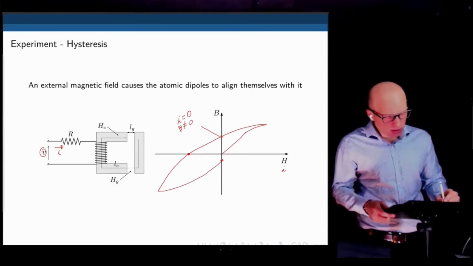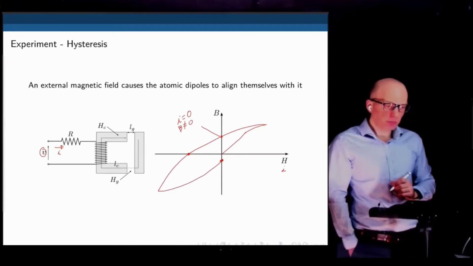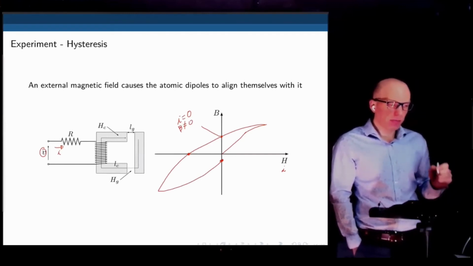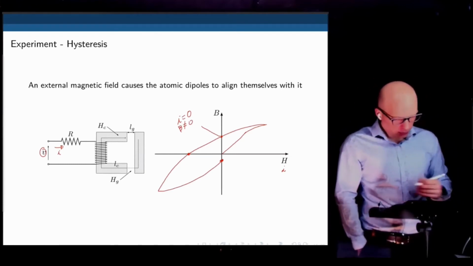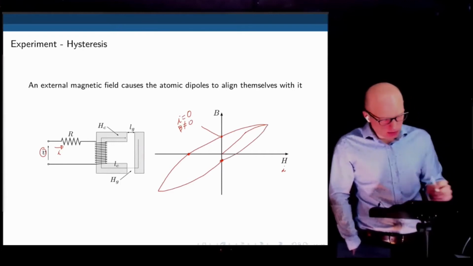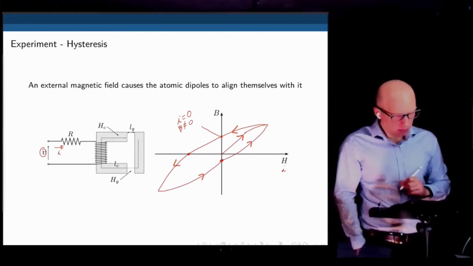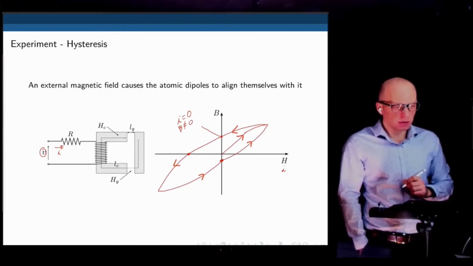Now increase the current, and you reach the opposite point there, where now we have again a current that is zero, and the magnetic flux in the core that is not zero. And you keep going like that. And this is the magnetic hysteresis curve. It depends on the direction of the current.